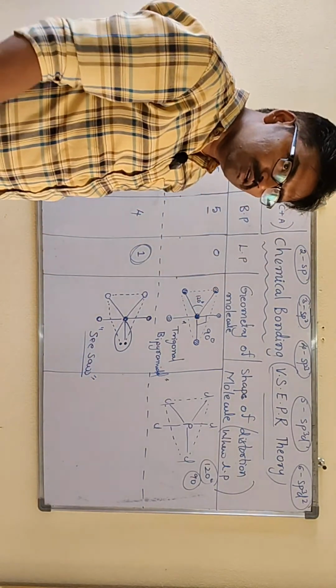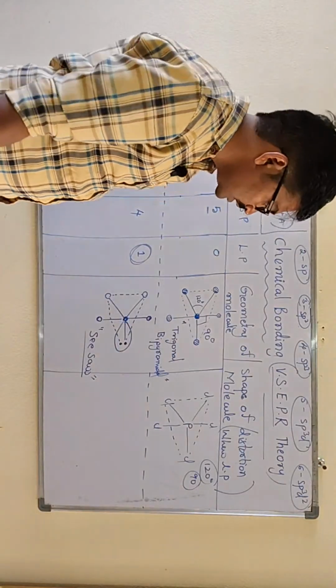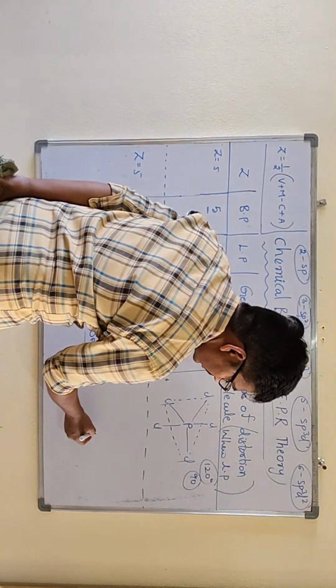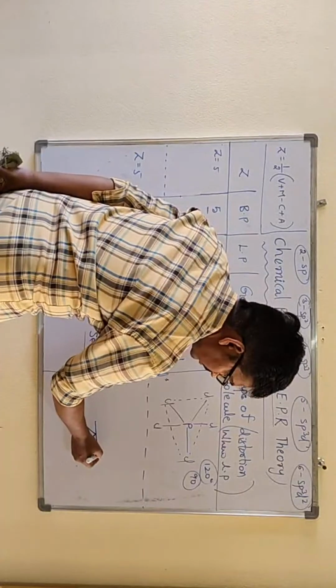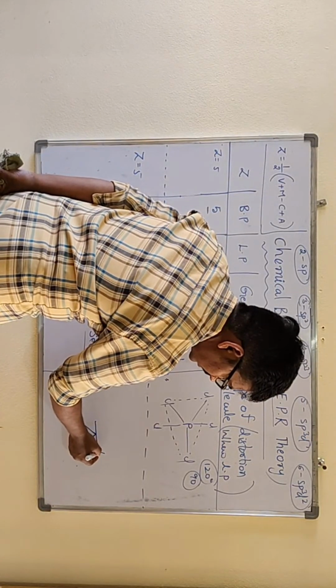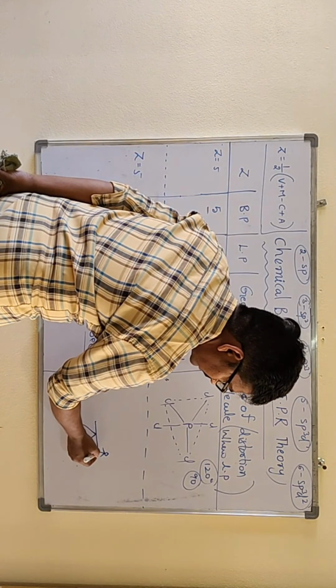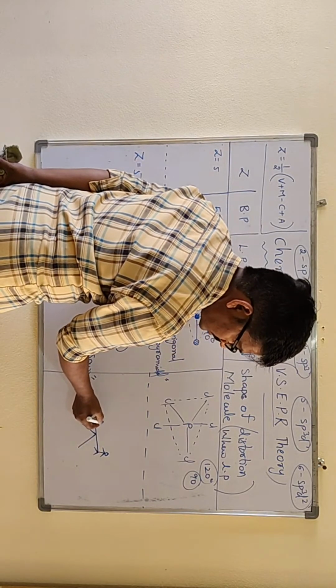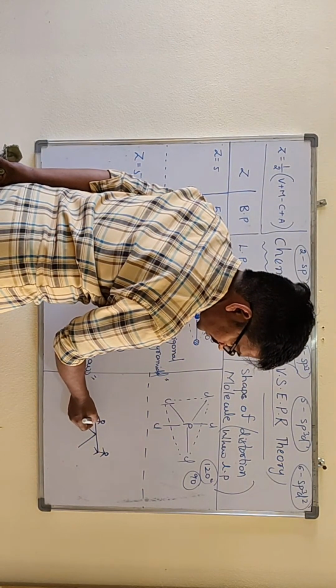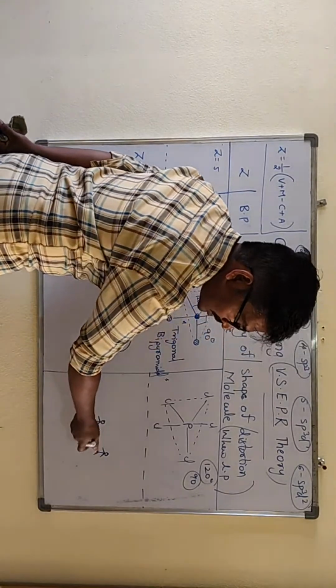Sir, if you observe in the parks, children play, one person sits on one side, another person sits on the other side. This looks like a seesaw model, right?